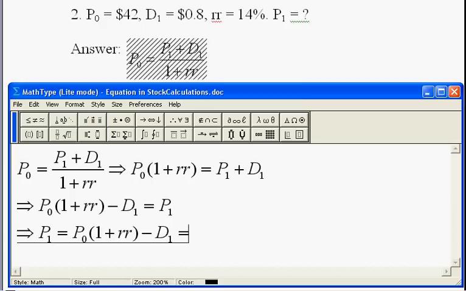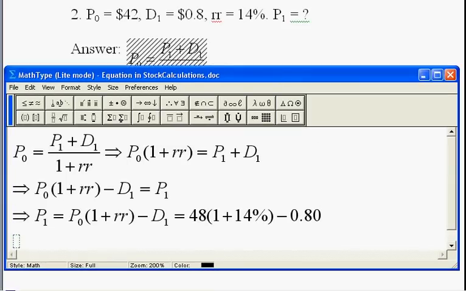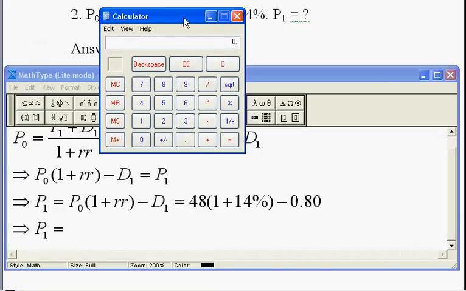Now let's do the calculation here. It's $48 times 1 plus 14%, the required rate of return, and then minus the 80 cents, the future dividend, right? Now let's calculate this number. This gives us the future price of this stock. It is 48 times 1.14.